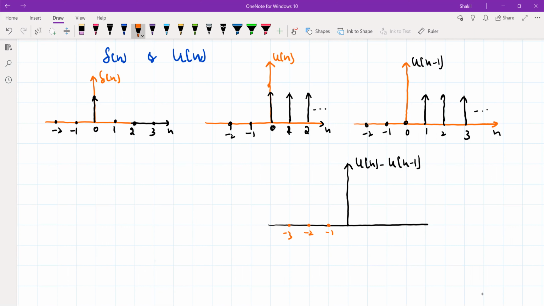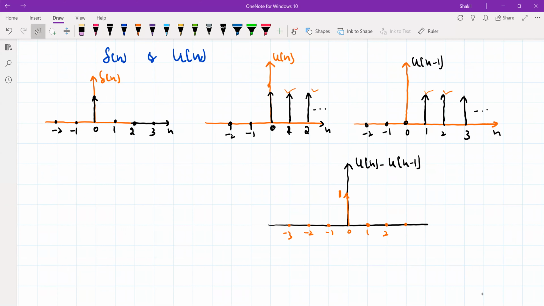Now u of n at n equal to 0 is 1, but it is 0 here, so the value will be simply 1. At 1 the value here is 1, and the value here is 1, so it will be 0 when you subtract. Similarly at 2 the value here is 1, and here the value is 1, so it will be 0 again.